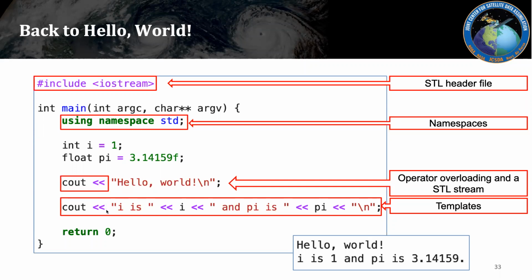This overload is actually accomplished using a template, so we don't need to do anything special whether we pass in a character string, or an integer, or a floating point value. It all looks the same. And then at the very end, we have a statement called return, indicating that the program executed without error.